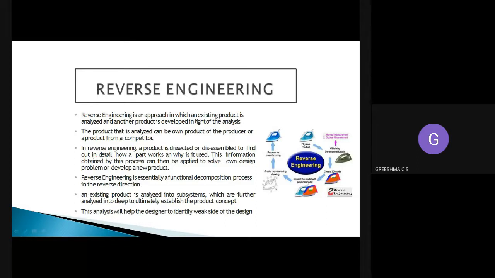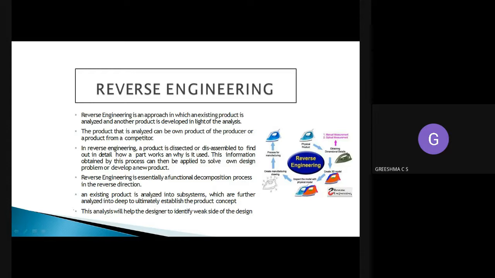You will disassemble the product and you will see each and every part, how it is working and why it is used. So that will give you a new idea: why can't you use some other product instead of this? Why can't you replace this part with this? So you will get new ideas with it. So that is how reverse engineering works.